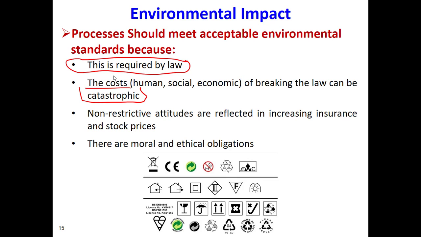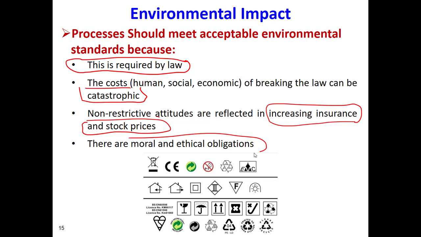Then, okay, if we don't respect the environmental standards or the safety standards, what will happen? The insurance gets more expensive. The stock prices will also be affected. That will affect the economy and the life of the people. This is also related to moral and ethical obligations.